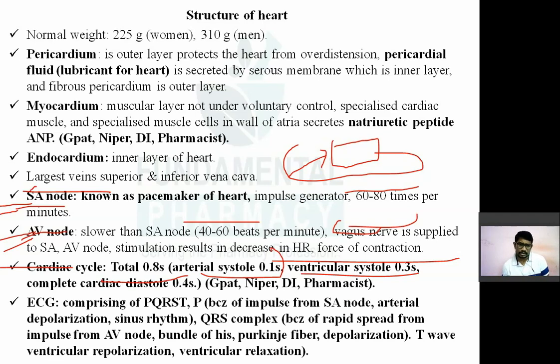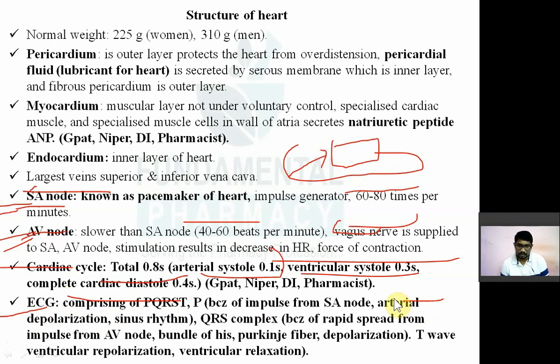ECG. So ECG means electrocardiogram, the recording of electrical activity present in your heart. If you record an ECG, you must have seen that PQRST waves appear in it. It comprises the PQRST waves. Now the P wave is because of the impulse arising from the SA node, and that denotes atrial depolarization or atrial contraction.